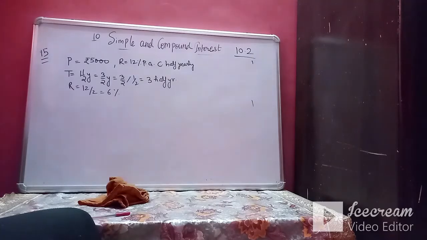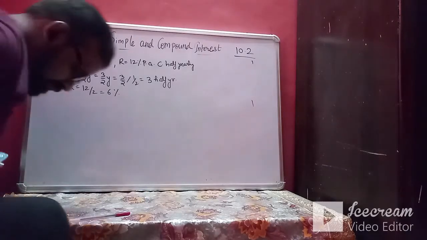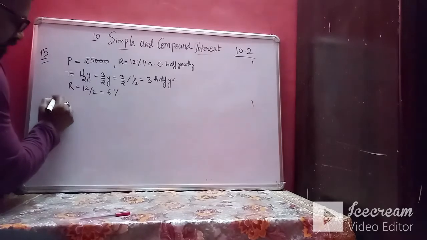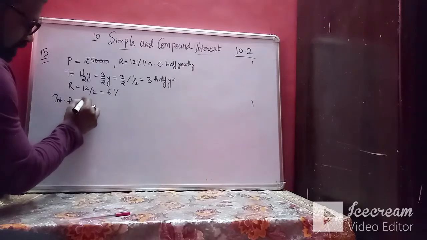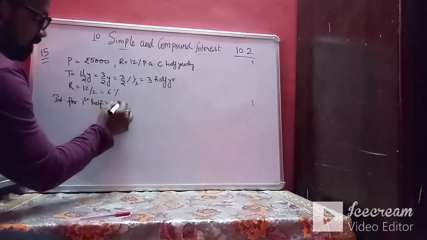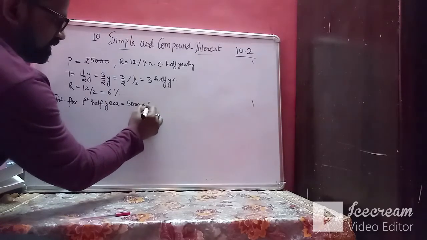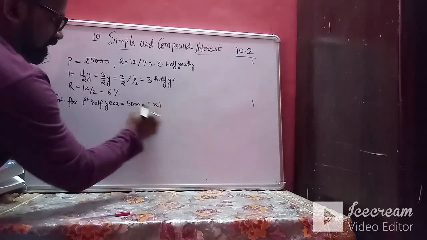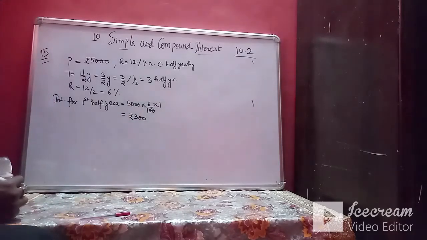So we have to calculate the amount that he needs to pay so that he can clear his debt. So what we will do? First we will calculate interest for the first half year, that is 5000 into rate 6, and first half year, that is rupees 300.